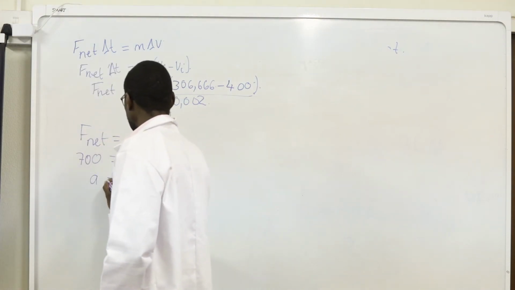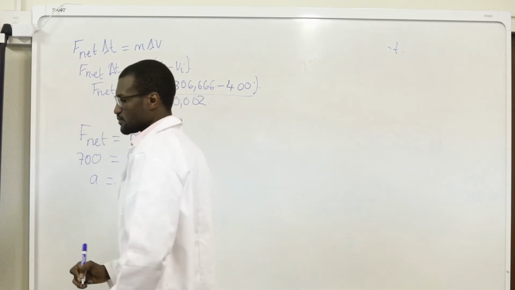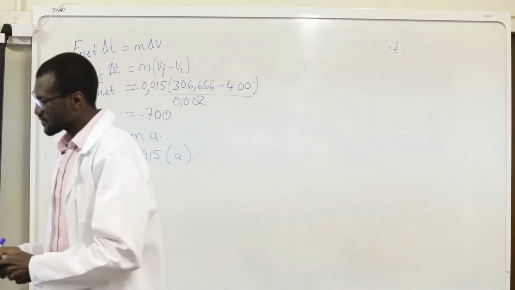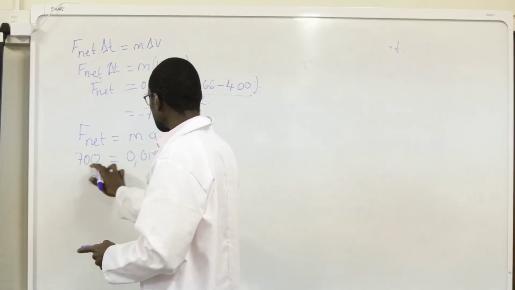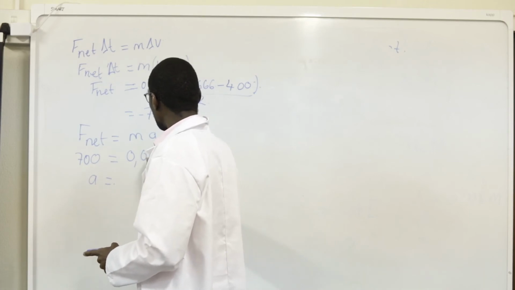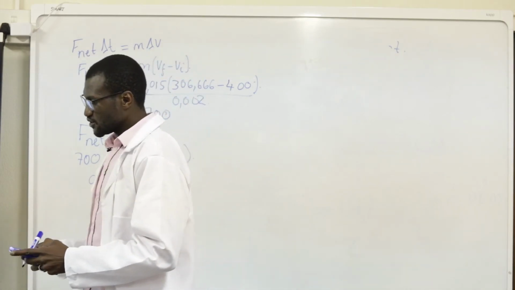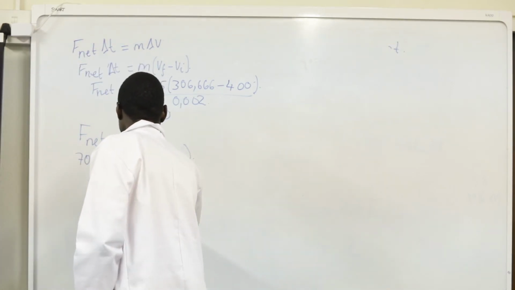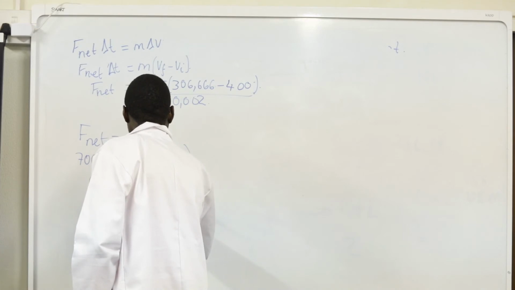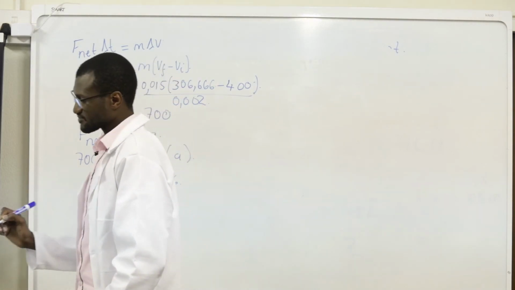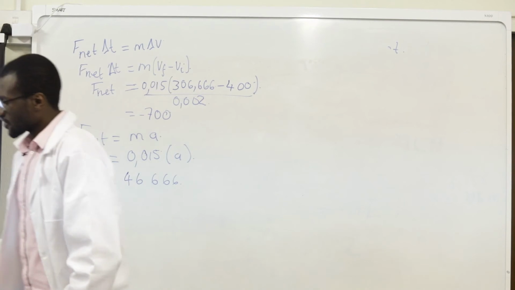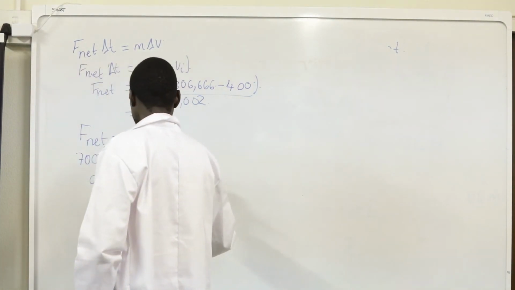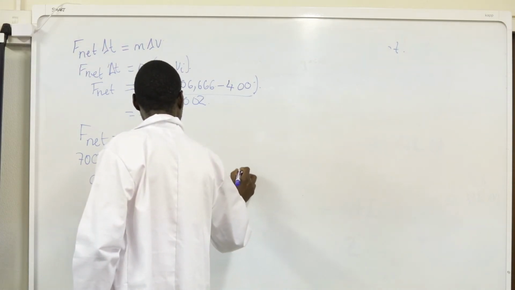If you use your calculator quickly, divide 700 by 0,015, you would find a value of 46,666,67, okay, meters per second squared.